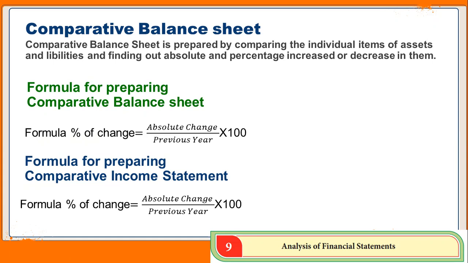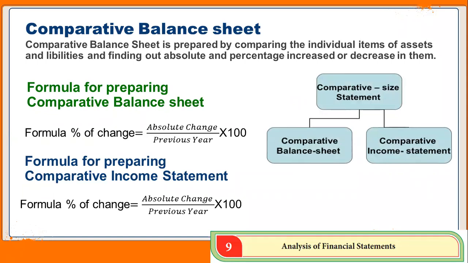Apply the formula: absolute change is equal to current year minus previous year. Further, to know the position in percentage, the formula is absolute change upon previous year into 100.